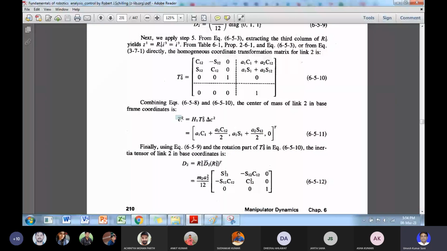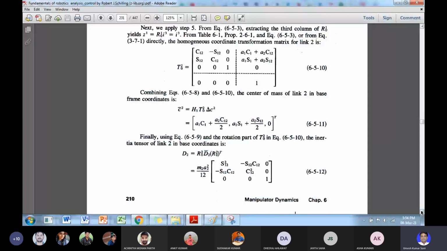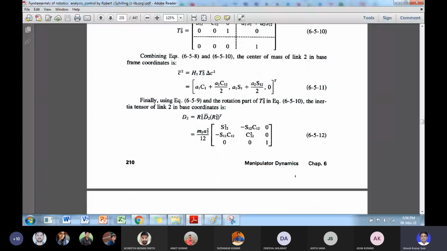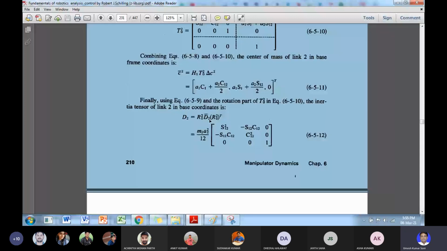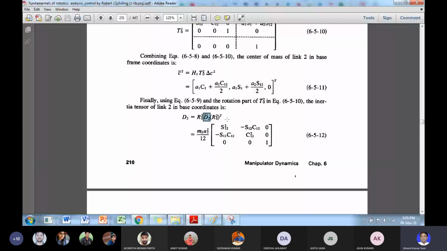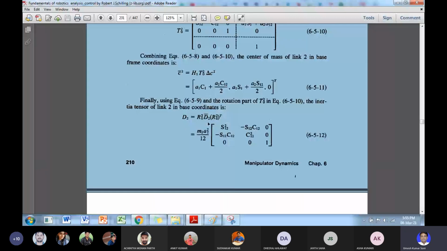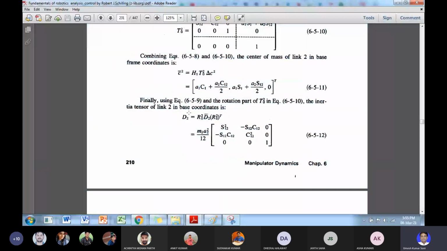So this is obtained same as 0 h1 and c2. Using this equation, because you have calculated the inertia tensor with respect to the second frame L2, now to convert the complete inertia tensor to the base frame L0, you need to use this equation, R20 and R20 transpose.